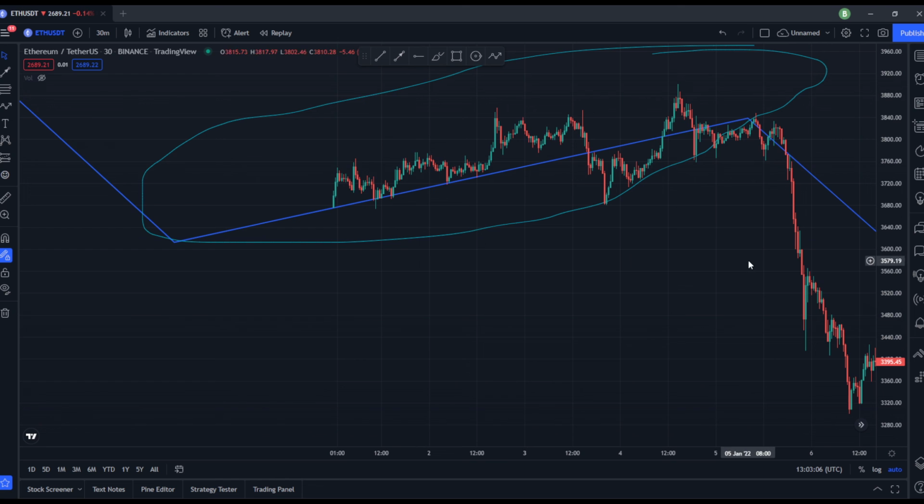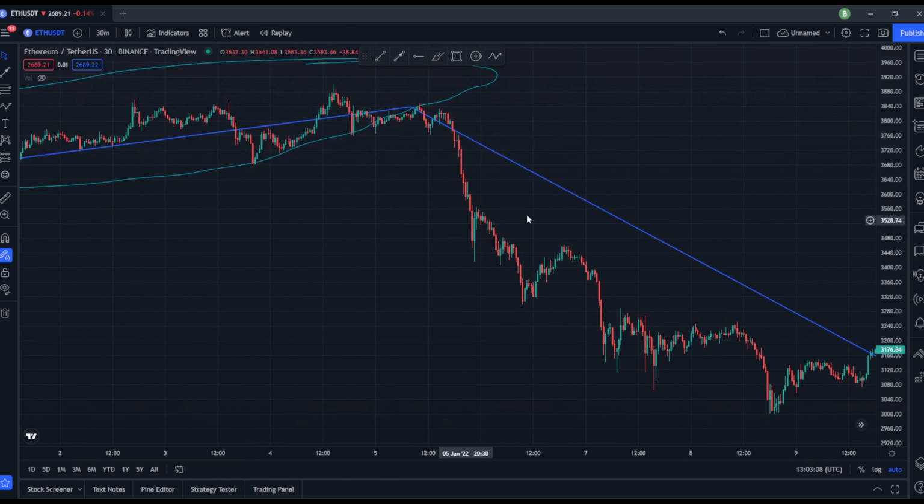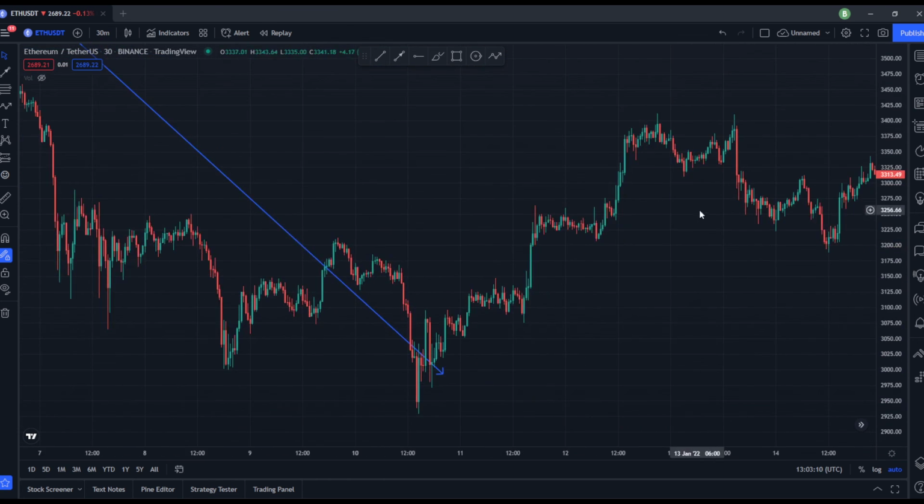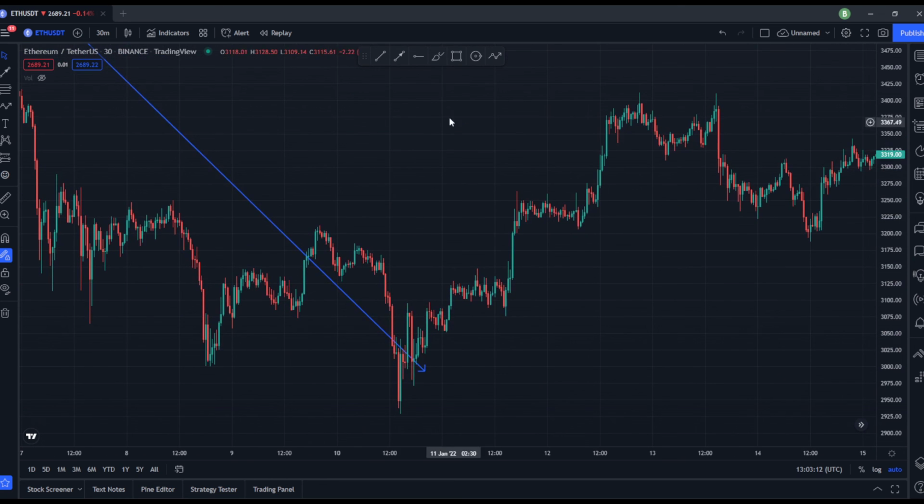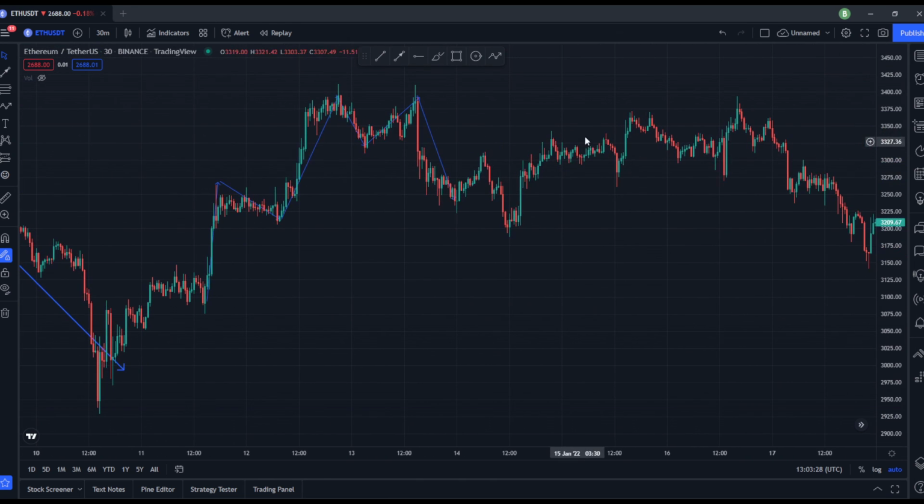So when you are seeing market structure, you should now have an understanding of what market structure is all about. You can see this market created a high, a low, a high, a low, forming sort of a double top here, and then we had the continuation, and on and on. So basically that is all for today.